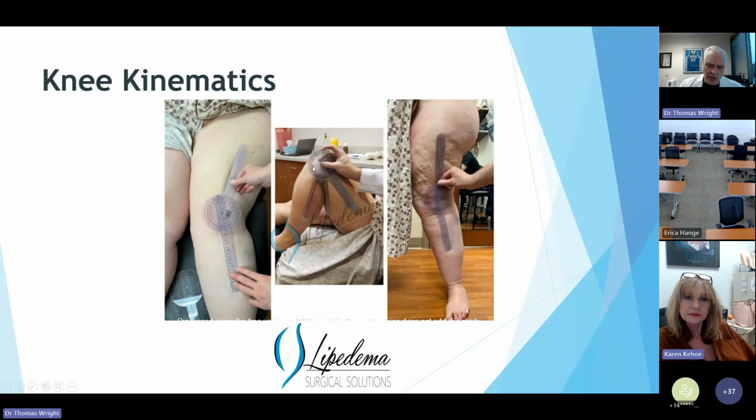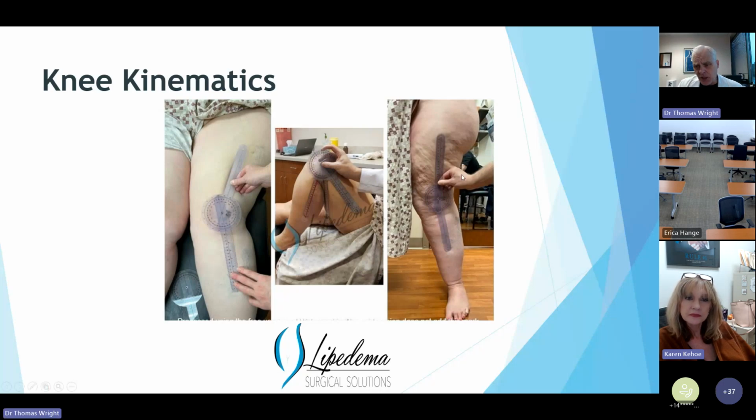This is a long arm goniometer. We're measuring the knee flexion, and this is where she is, that's the red arrow, and the green arrow is where she should be. So there's a marked limitation in her knee flexion just from the lipedema tissue.